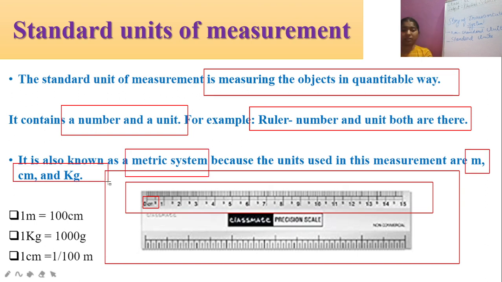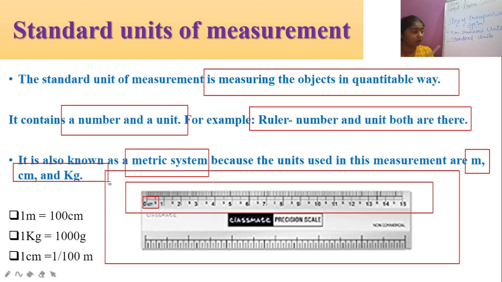So students, you come to know that we have meter, centimeter and kilogram. These are a few of the standardized measurements we can use. Let's say we have some measurements. For 1 meter we have 100 centimeter, right?